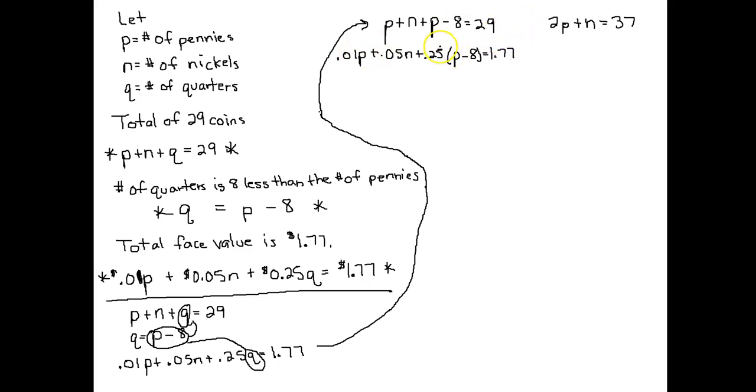So 0.25, we distribute right here, it's going to give us plus 0.25P and minus 2 right there. Okay, so we got 0.26P plus 0.05N equals 3.77.